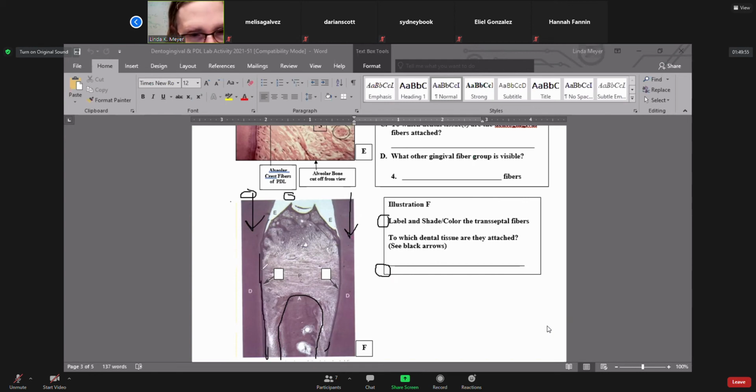And this is just showing how those fibers cross the septum area and attach to the cementum of the next tooth. So this keeps these teeth upright and straight. It's just like a little brace holding them in proper alignment there. And where the arrows are pointing, these are always going to attach to cementum.